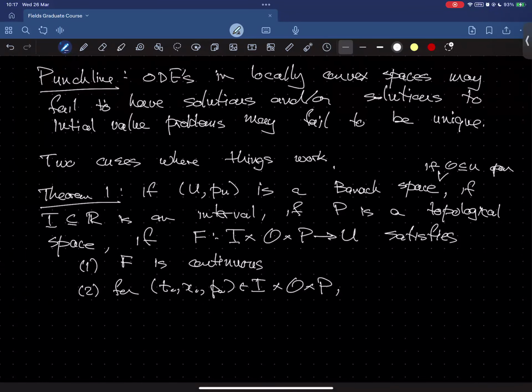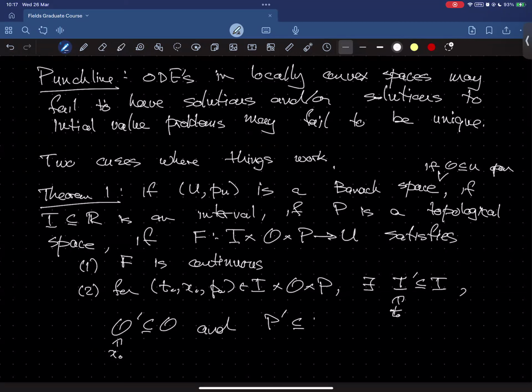there exists a subinterval I prime in I, which of course contains T naught, an open subset O prime in O, which of course contains X naught, and P prime in P open containing P naught.